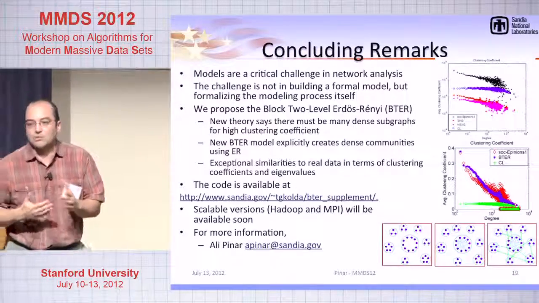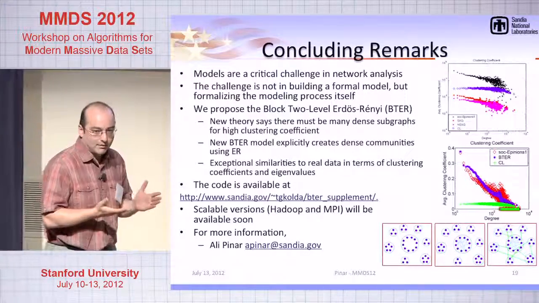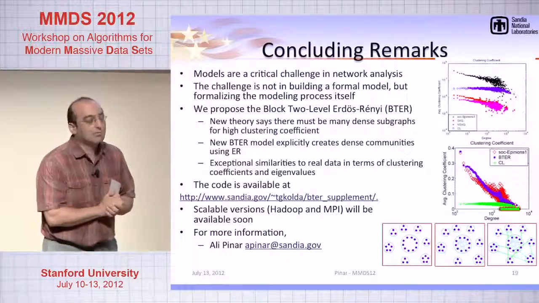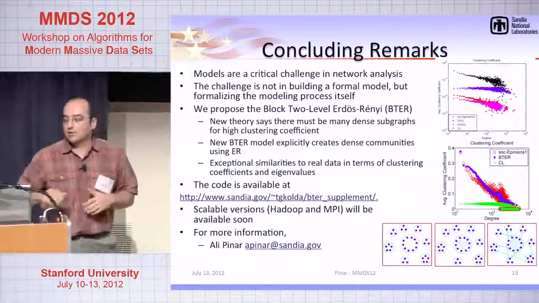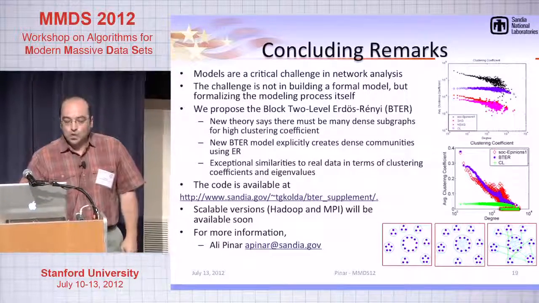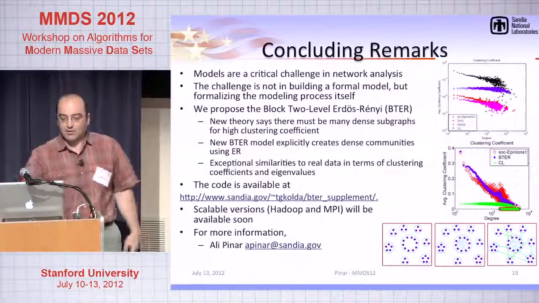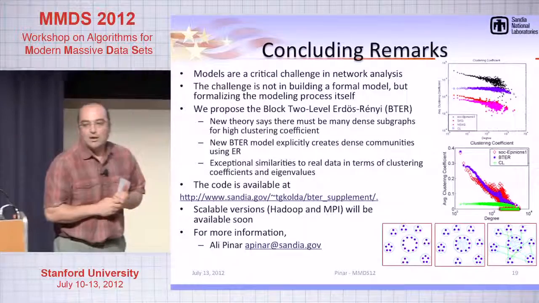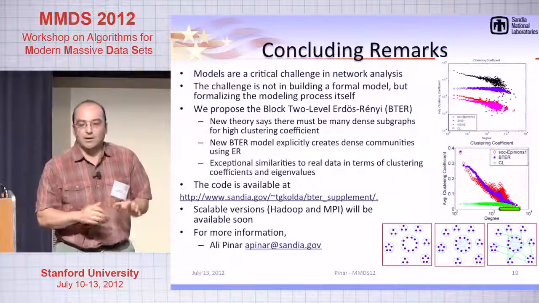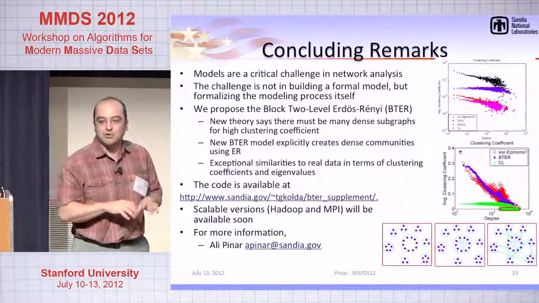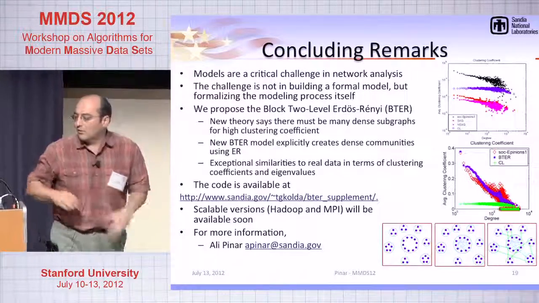So based on this observation, we implemented a model to realize these dense blocks. And we were able to generate graphs that are like the real ones. The code is available at the URL you see here. If you look at our paper, you can regenerate everything we generated in the paper.